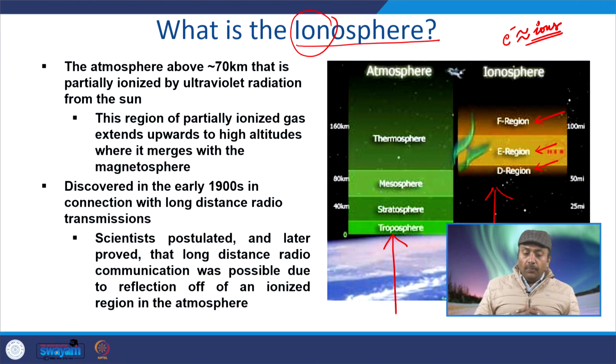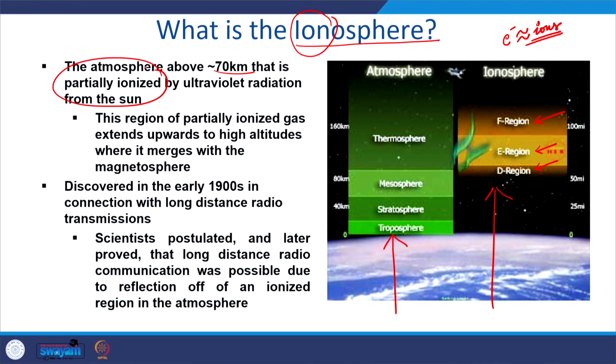So the atmosphere above 70 kilometers altitude is partially ionized. You see, partially ionized, it's not completely ionized. So in addition to electrons and ions, we also have neutral species which are not ionized.